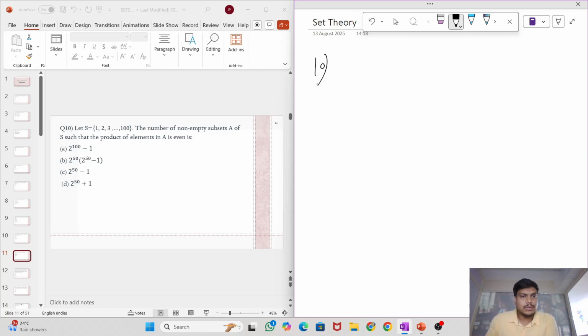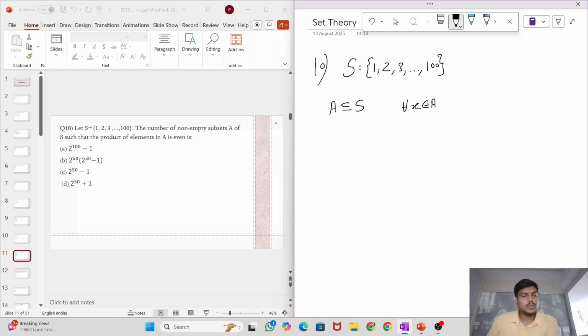Let S be a set 1 to 100, the number of non-empty subsets A of S such that the product of elements in A is even. So we have a set S which contains the first 100 natural numbers, and they are asking us to find the number of subsets A such that all the elements of set A have an even product.